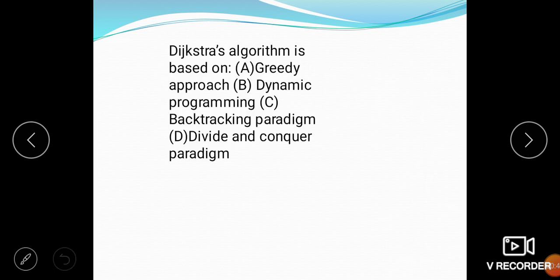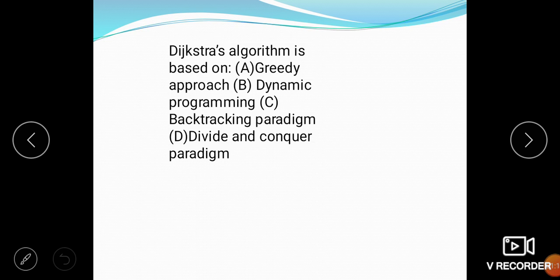Now next is Dijkstra algorithm. We all know that Dijkstra algorithm follows the greedy approach. It always selects the shortest path among all possibilities. Dijkstra algorithm solves the single source shortest path problem. One more thing, in dynamic programming, the 0 1 knapsack problem and longest subsequence problem are there.